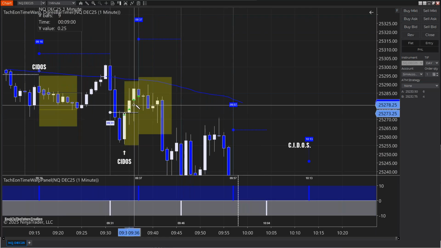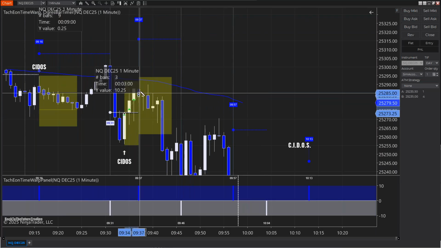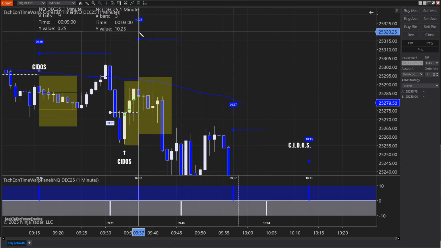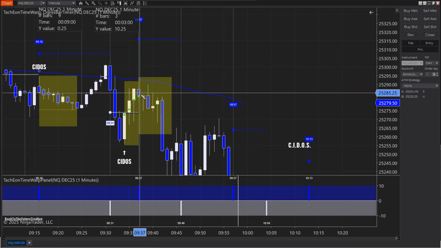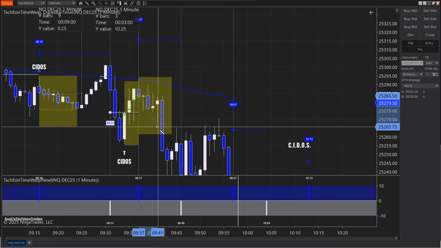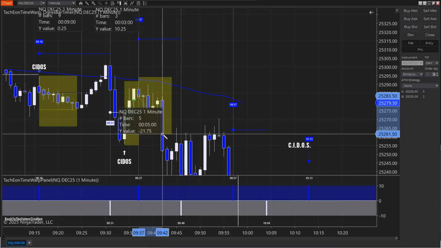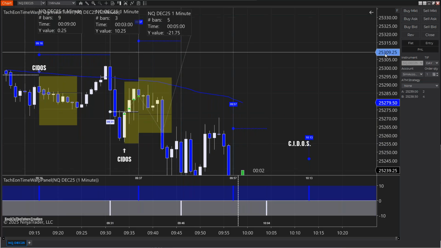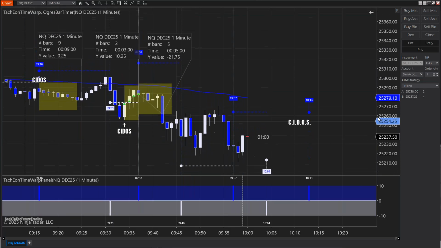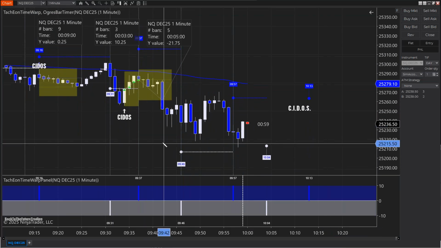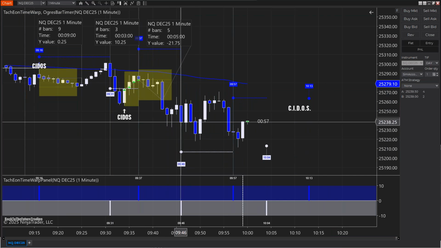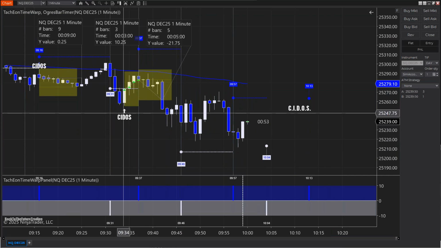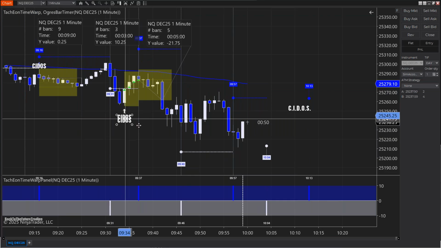Enter, exit by the next sell signal, wait. 9:37, enter, 200% in our direction, 21. Remember, this is a live chart. 9:46 comes, no. 9:47 comes, yes.